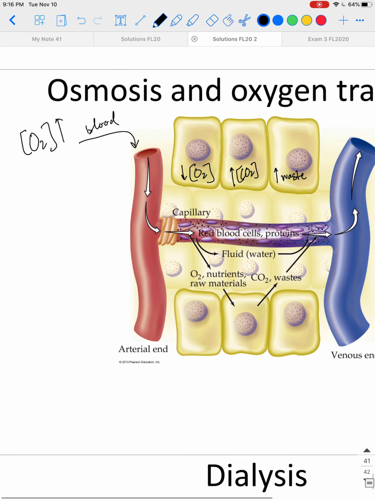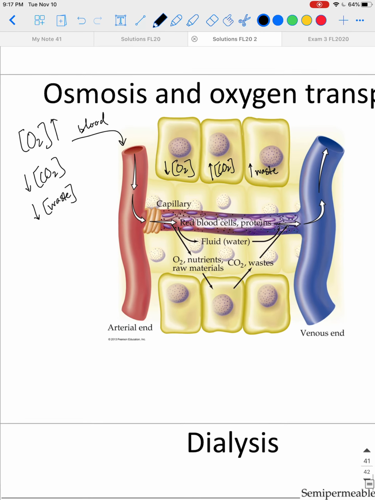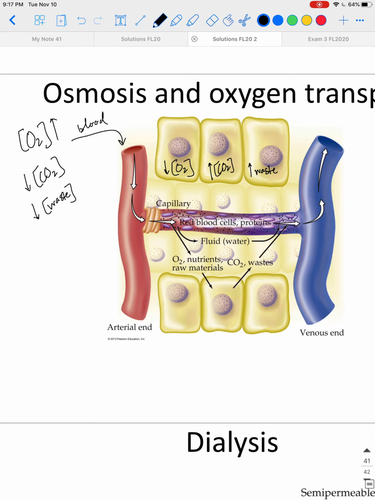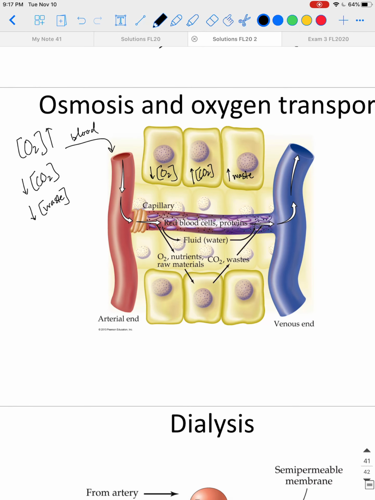So they need oxygen, and they want to get rid of CO2 and waste. Well, we know highly oxygenated blood has a low amount of CO2 and a low concentration of waste. It's freshly oxygenated. So you see there are gradients here that are set up for this exchange.